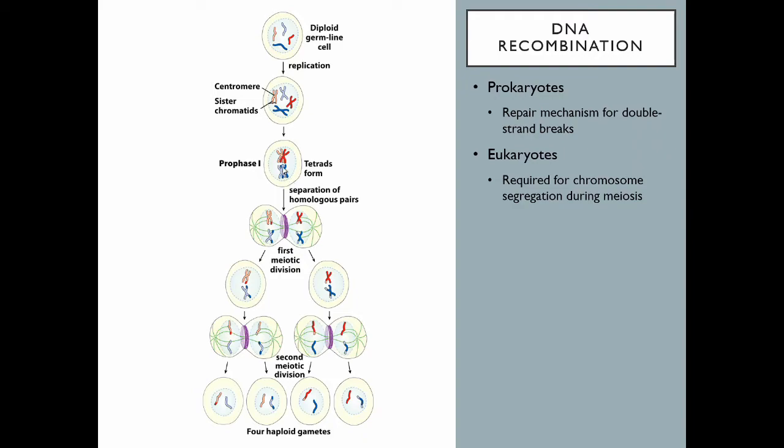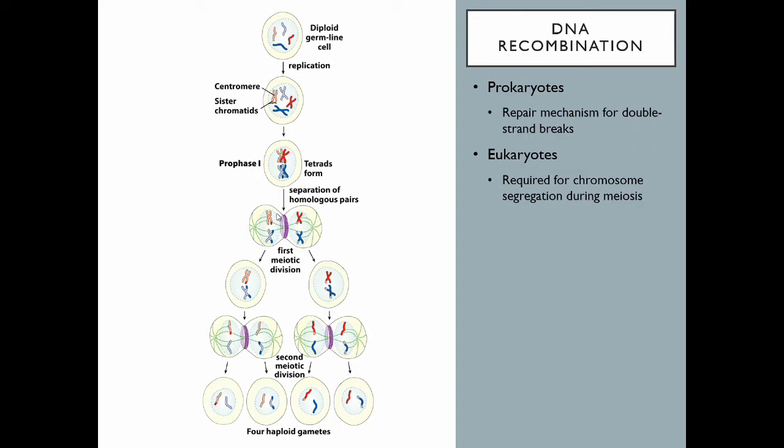But to keep them together long enough for the first round to happen, they have to recombine with each other. And when they do that, the recombination can cause breaks and rejoining, which leads to recombinant chromosomes. These are chromosomes that now contain DNA from their homologous partners. And of course, each member of a homologous pair came from a different parent.